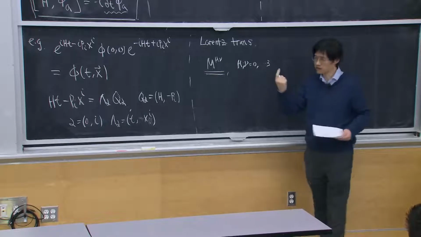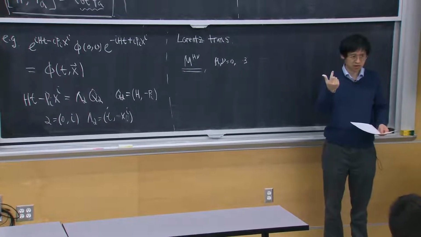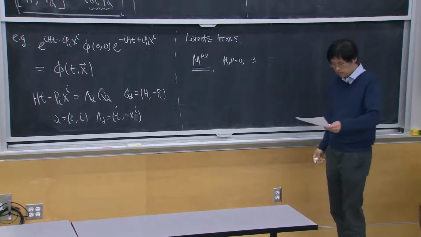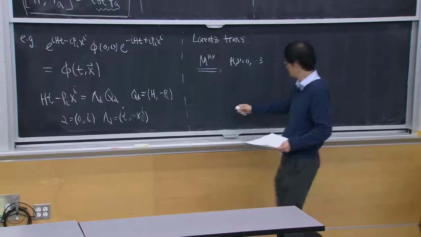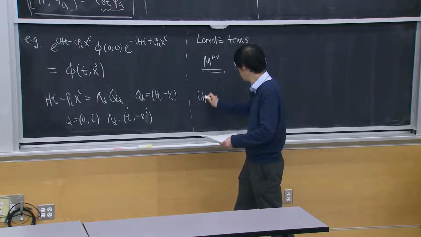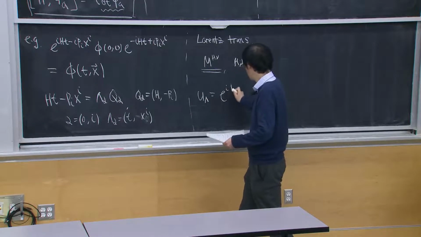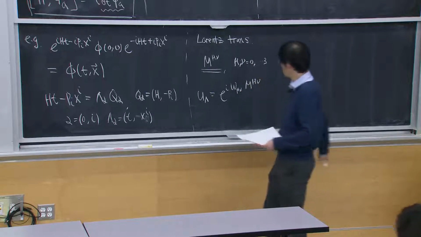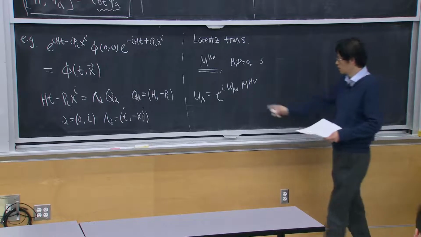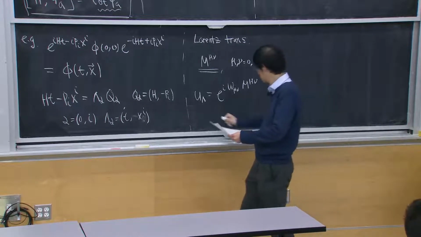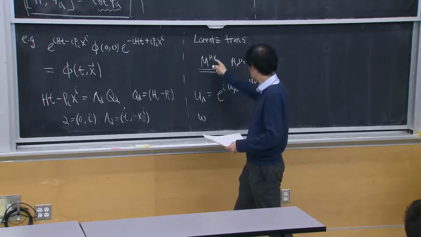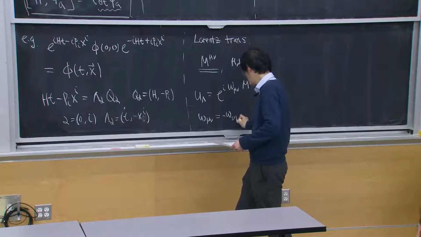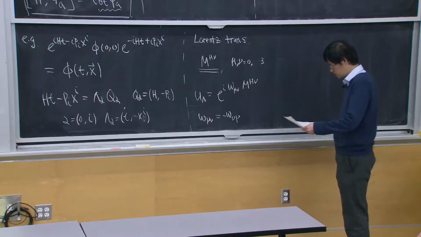So they are all together 6 conserved charges associated with the Lorentz transformation, 3 rotations and 3 boosts. And when you write the finite transformation, you will have 6 parameters, ω_{μν}, because M^{μν} is antisymmetric, which you worked out in your P set. So this parameter should also be antisymmetric.